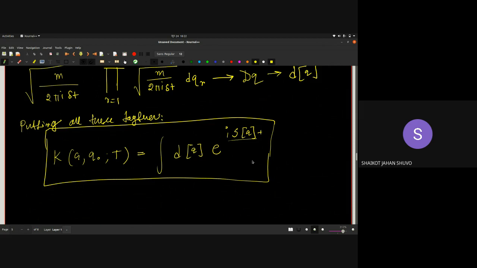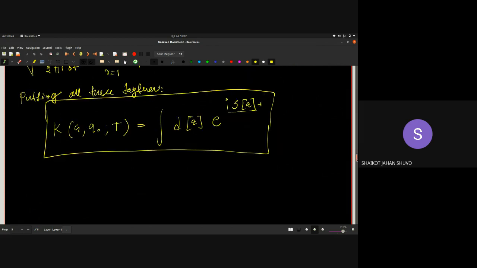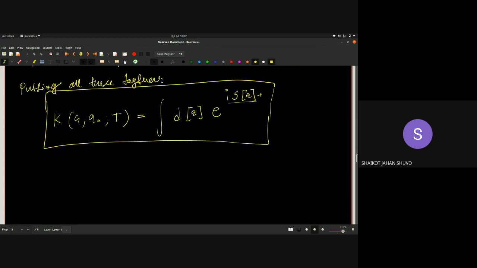So why is this quantity of interest? Well, in quantum field theory, unlike in quantum mechanics, you are not interested in something like a wave function. You are more interested in something called a correlation function. And the most general thing that you can write for a quantum field theory is this path integral functional, but instead of q, let's use phi so that you understand this is from quantum field theory.